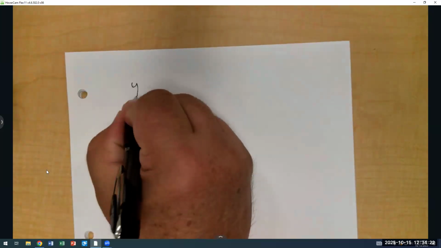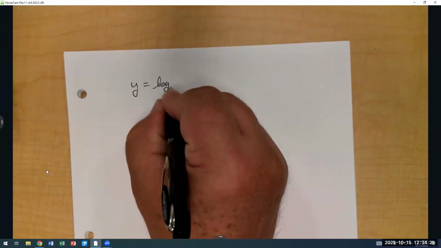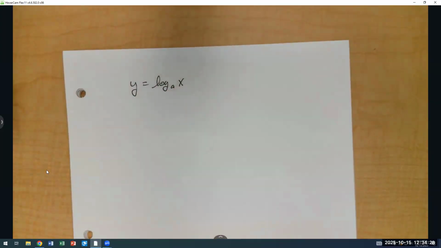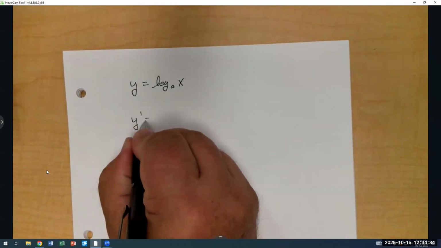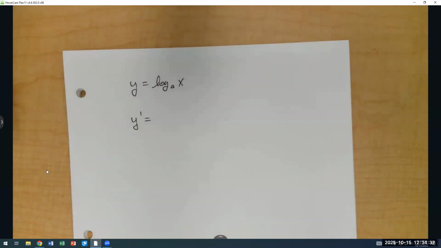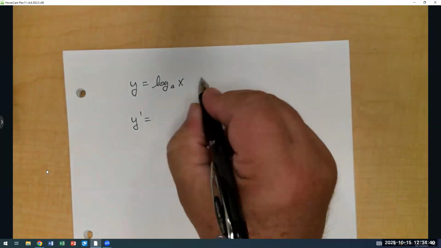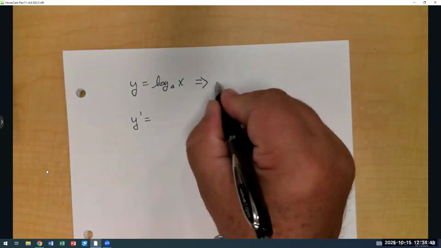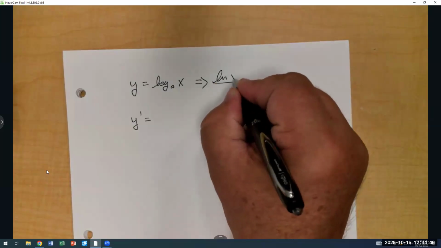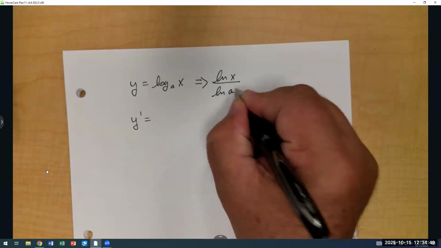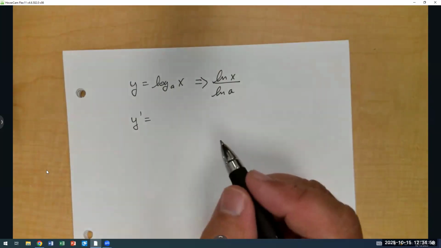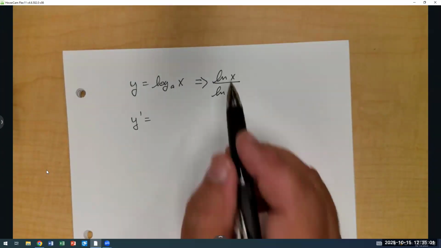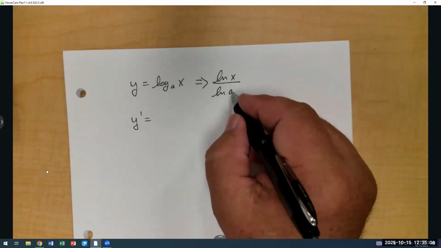So if y equals log base a of x, then the derivative would be, the first thing we have to do is change this, preferably to log base e, the ln function, because now we have to take the derivative of ln x over ln a.